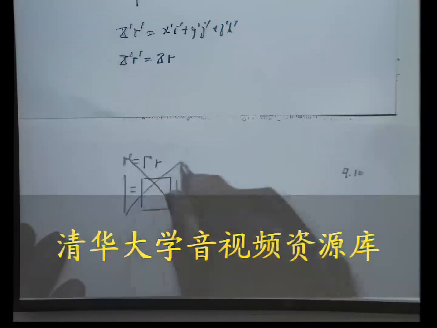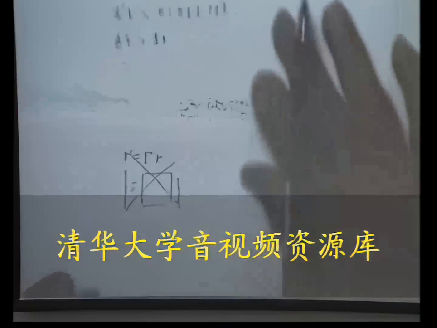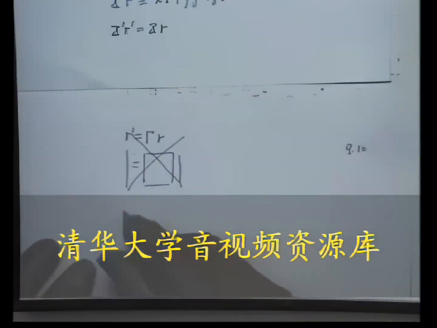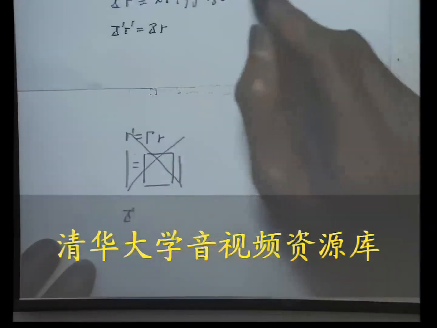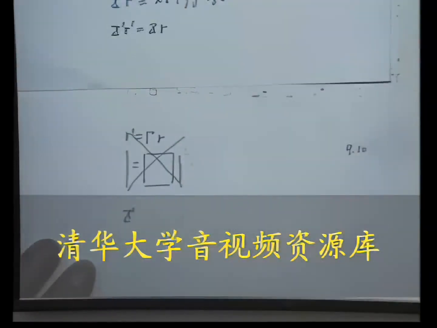I erased this. It's better if we do it in other words. X prime is equal to i prime, j prime, k prime. Now, i prime is a linear combination of i, j, k.